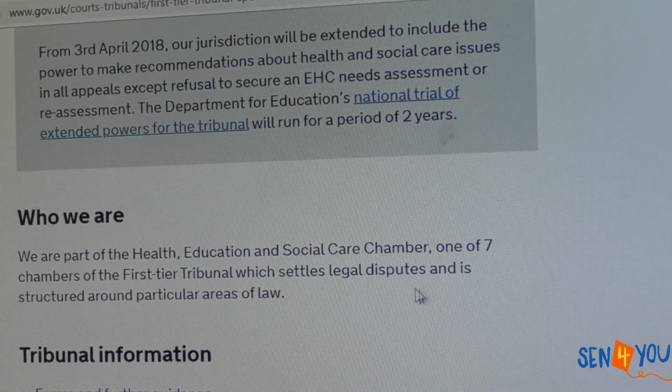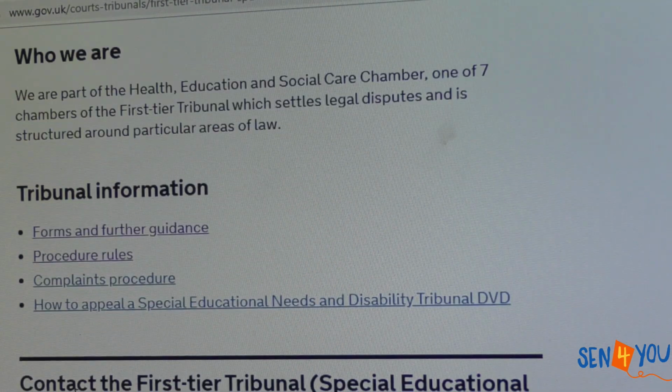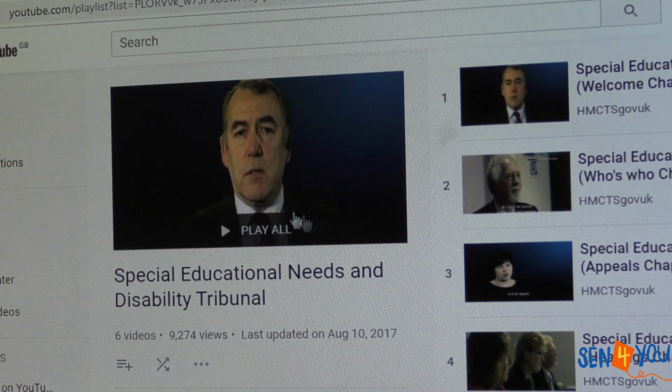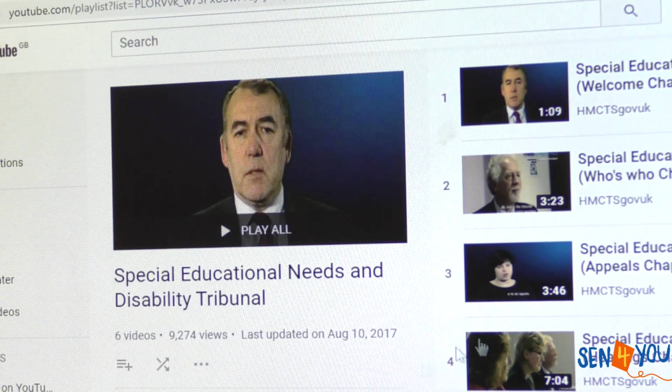It tells you who they are, and under the tribunal information it produces the various information that you're going to need. This is quite useful: how to appeal a special needs and disability tribunal, and that's a DVD that you can also access from the SEN4U website. Here's the actual page itself.